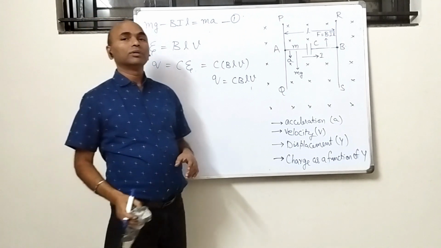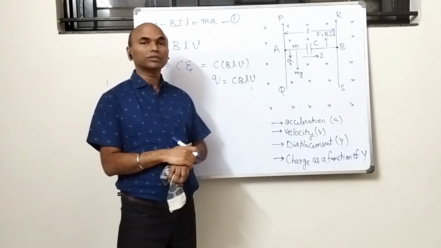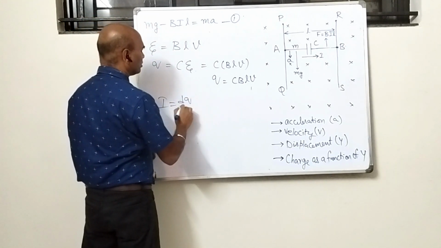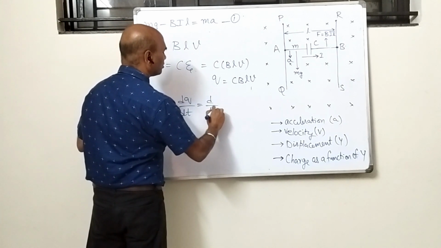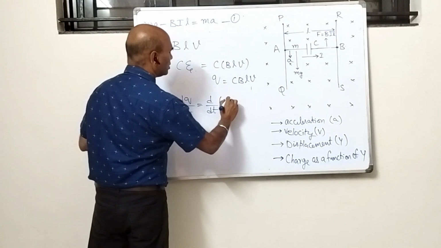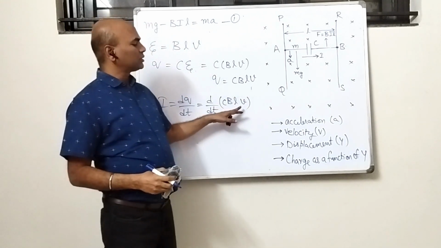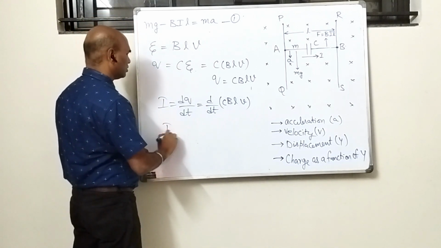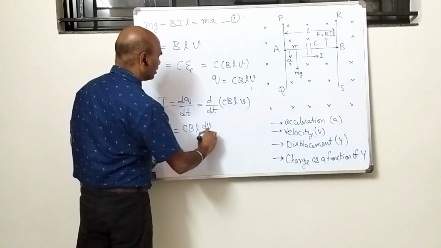Now quite obviously the current I can get as the rate of flow of charge. So the current would be dq by dt, that means d by dt of CBLV. Except velocity, the remaining are all constants, so bringing them out, it becomes CBL into dV by dt.